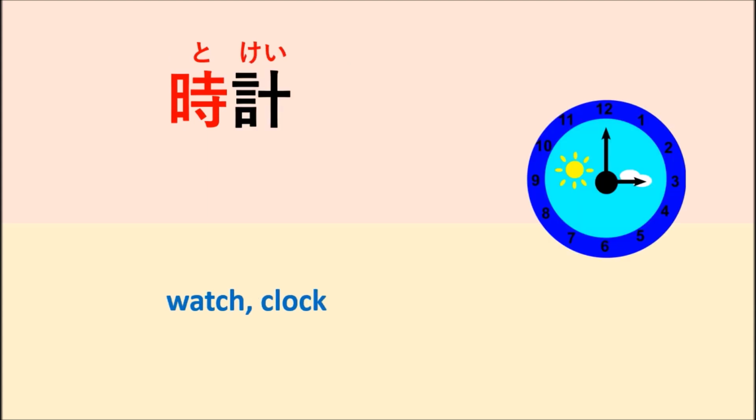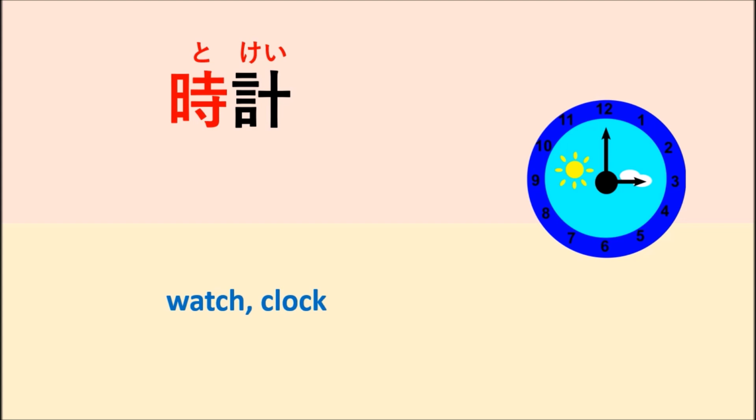Tokei means watch or clock. The kanji to means the time, and the kanji kei means calculation.